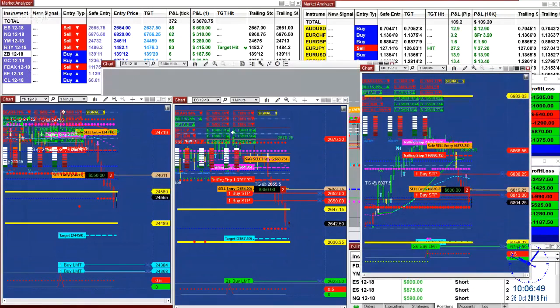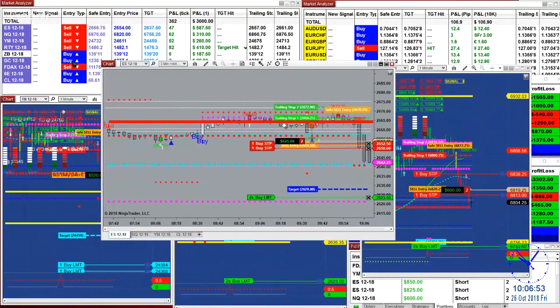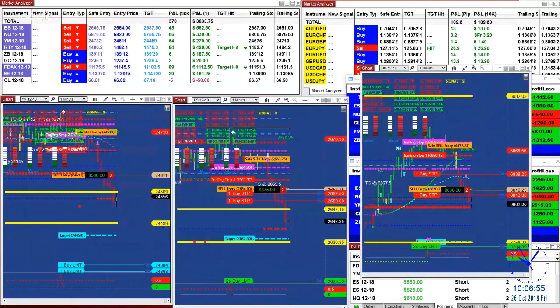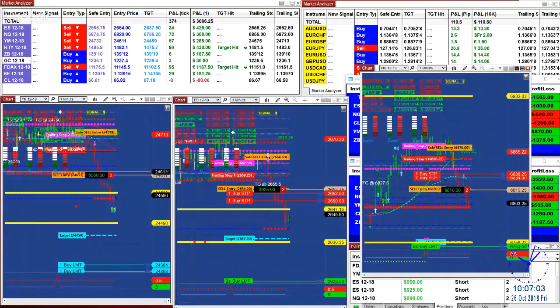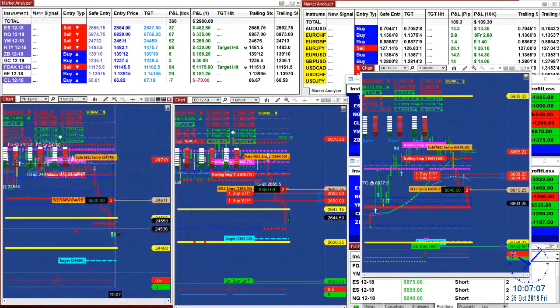So right now you are on the last entry. Let me take this one here out. You are 690 on the Nasdaq and $900 on the ES, 550 on the other. There is a reversal.